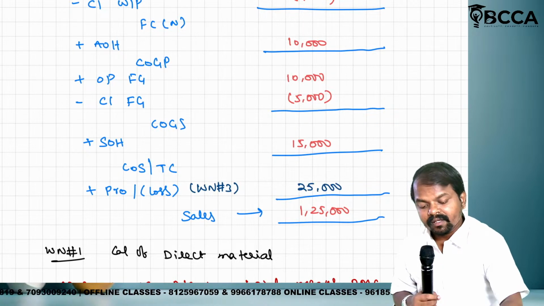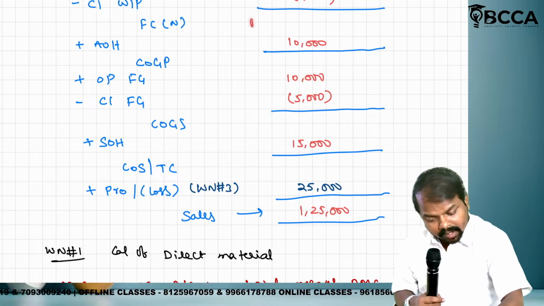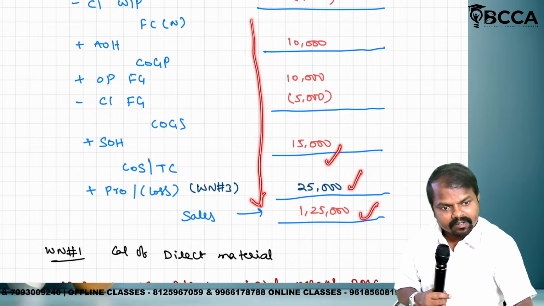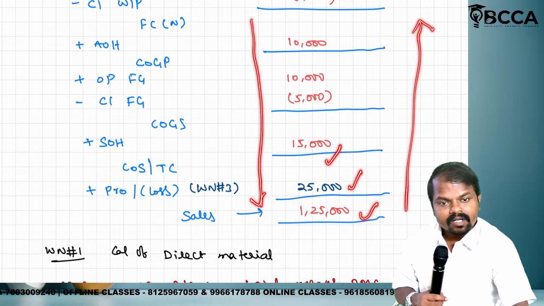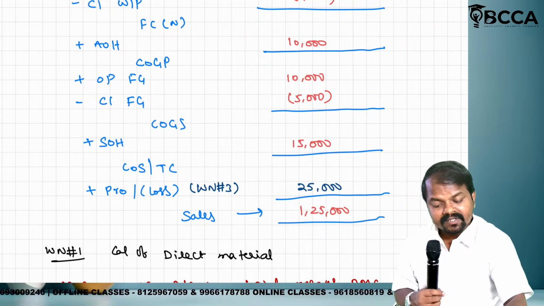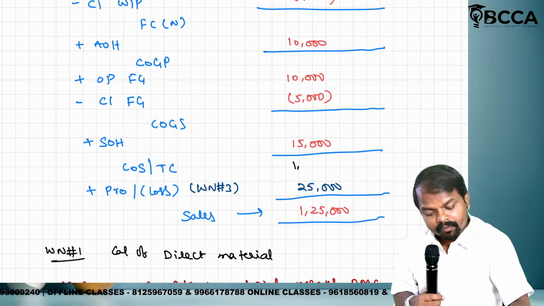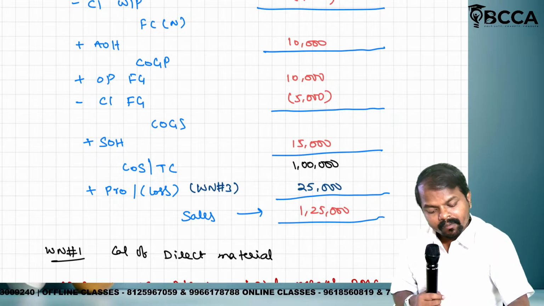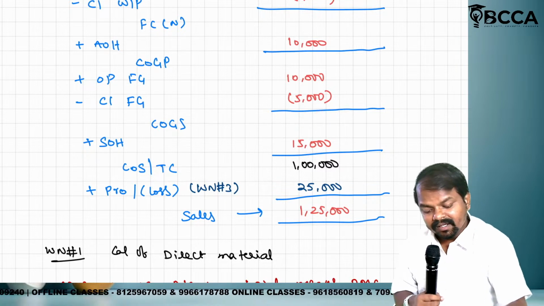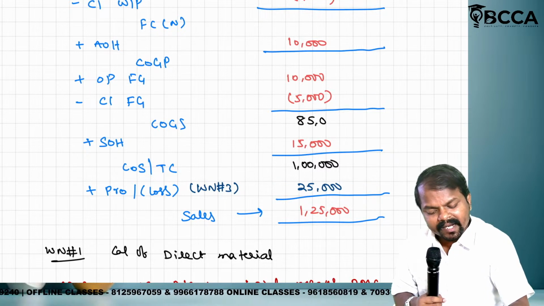Listen carefully. If you come like this, cost of sales plus profit is equal to 1,25,000. If you are going in reverse, plus can become minus. What is the value? 1 lakh. What is this value? 85,000?